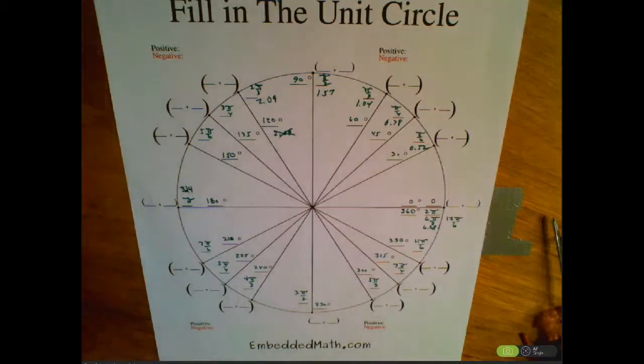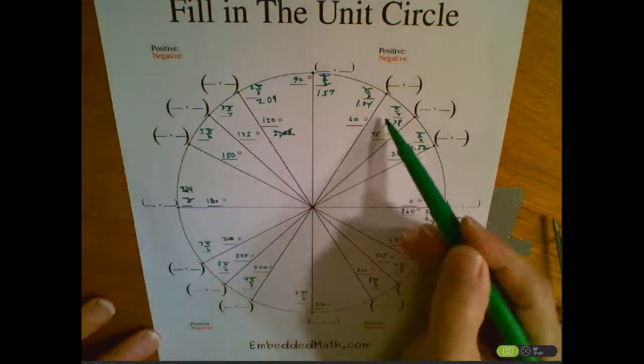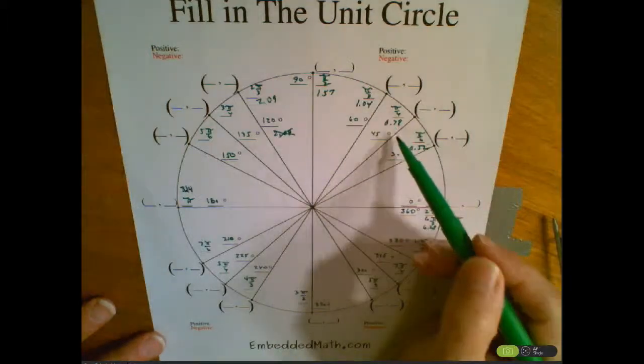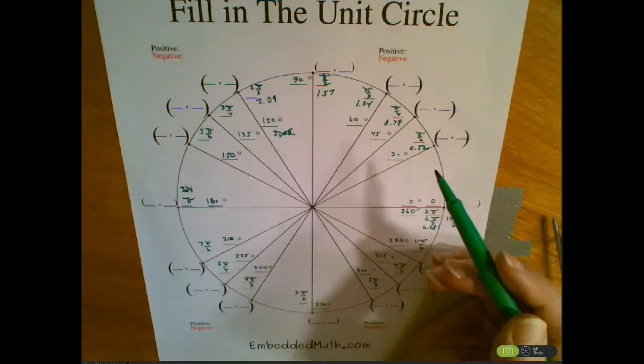So when we find a question that might say, what's the inverse sine of 0.83? We'll get into specific ones. The inverse sine of, well, let's just go with 0.83.